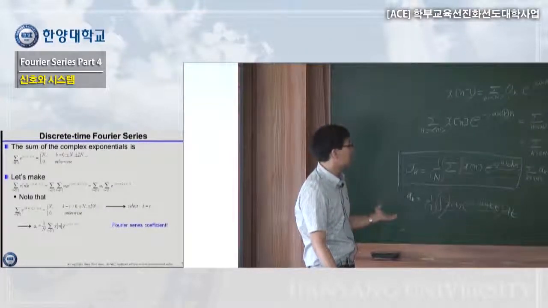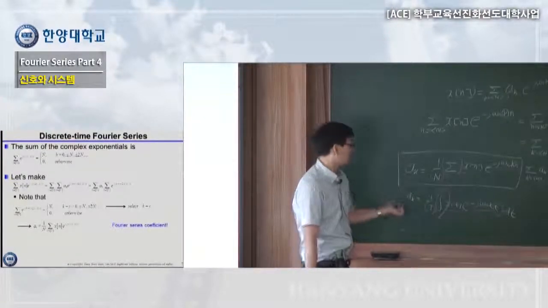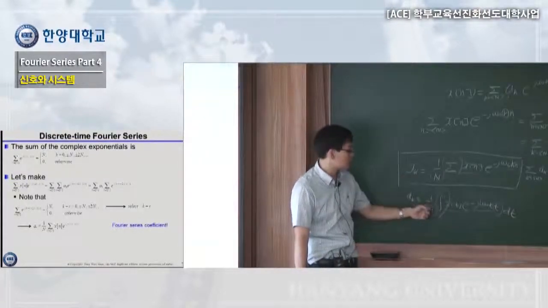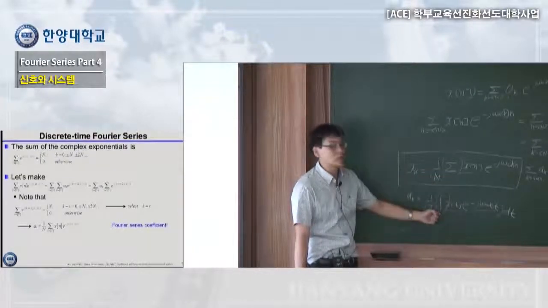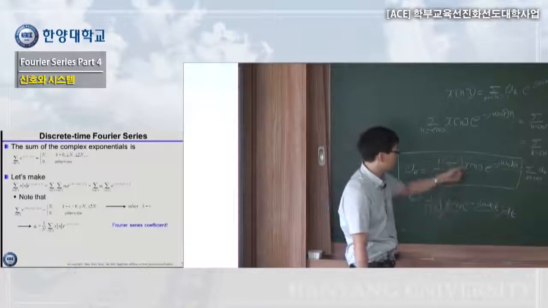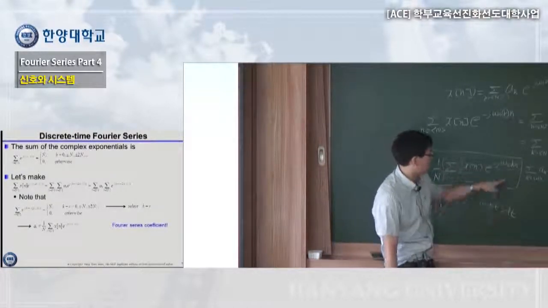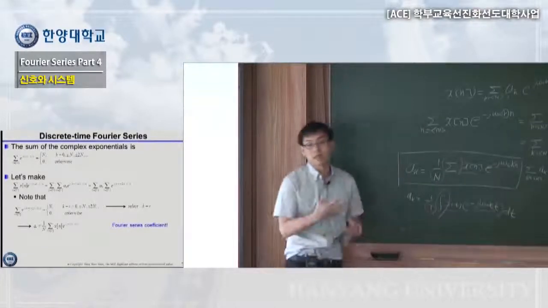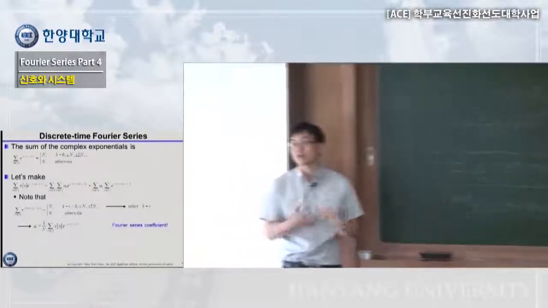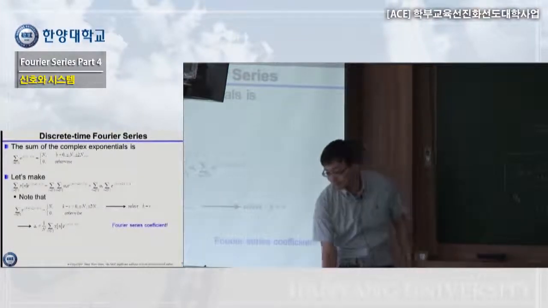Or you can memorize only the continuous time, for example, and say that in discrete time, t should be n. Integration in continuous time will be summation in discrete time. Signal, and then what's the difference? Only n and t. So that helps you a lot to memorize some of the equations. So this is the coefficient.